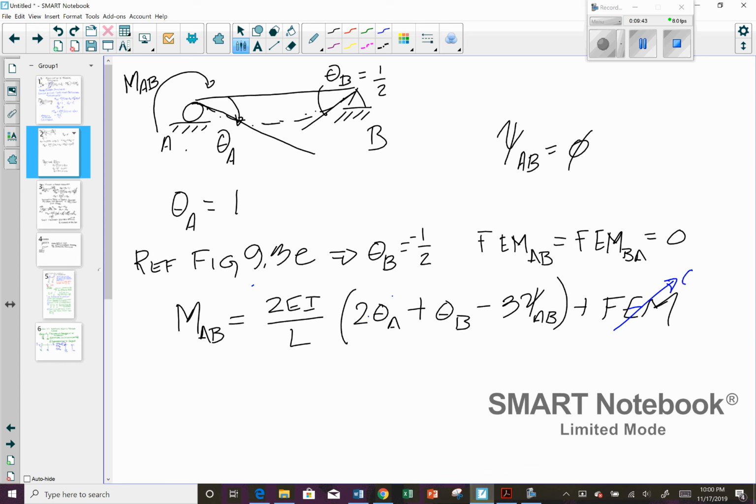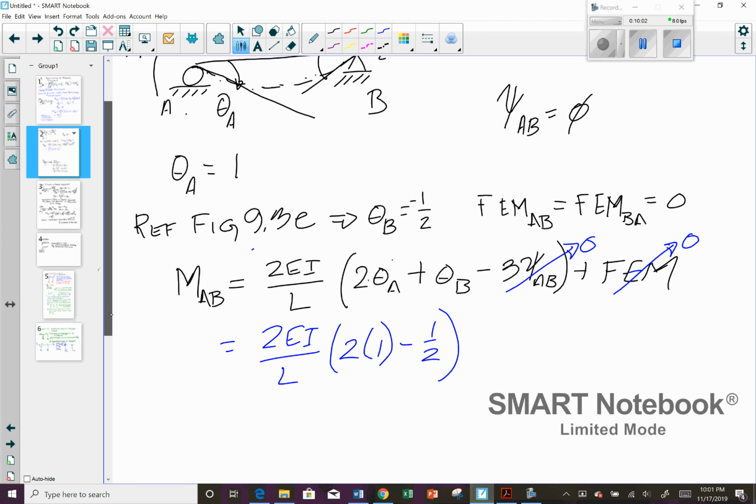This is 0. This is 0. This is equal to 2EI over L times 2 times 1. This I said is a half, so this is minus 1/2.